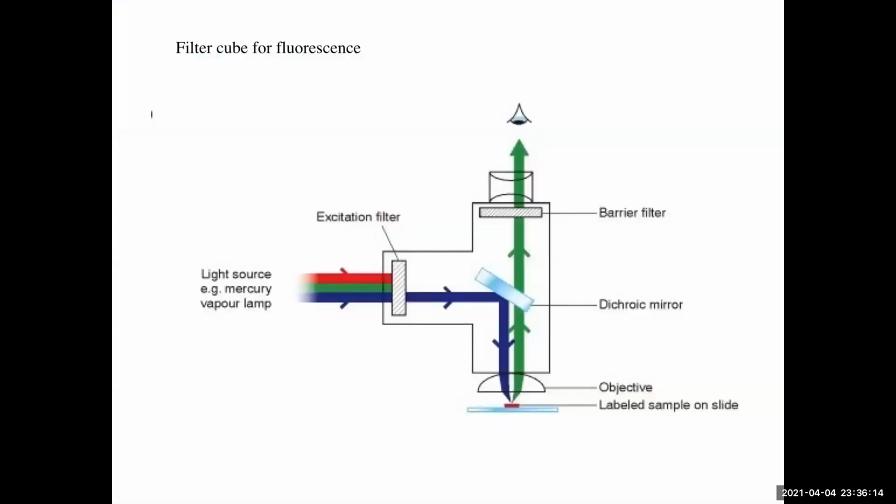Here's another drawing of a filter cube, the light path. This should be pretty much what you're used to seeing already from the last lectures. I really urge you to study this by drawing it out for yourself, puzzling it out, making flashcards, looking it up online.